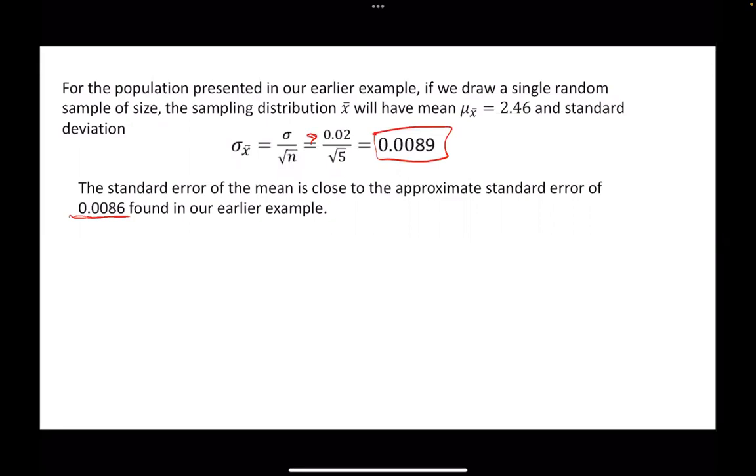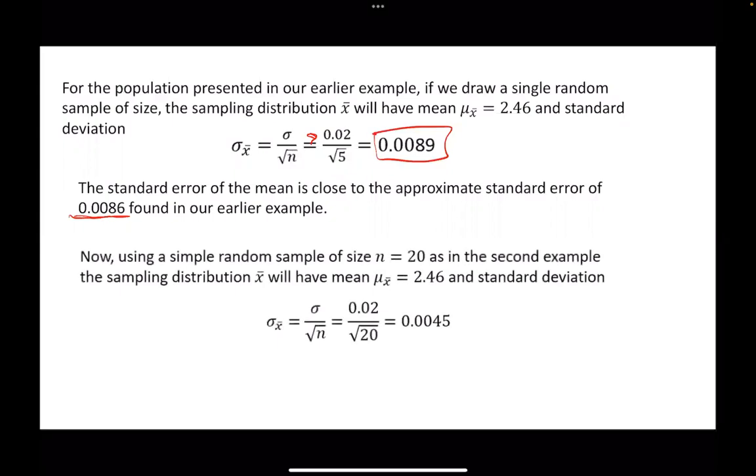But I don't think anybody's going to be upset by a 3 10,000ths difference. I would rather use this formula than put 200 things in my calculator. I think you would all agree, because it's close enough. And my open math is going to require you to just use this formula anyway.